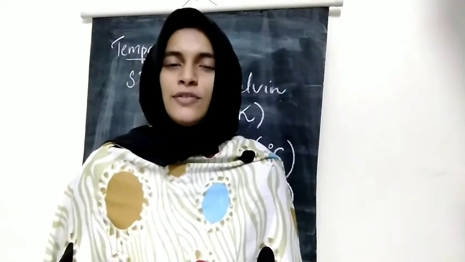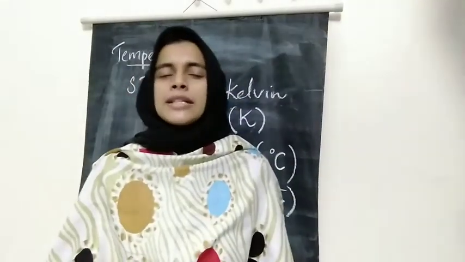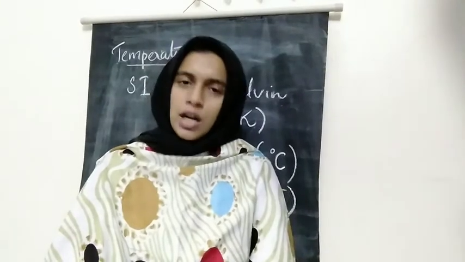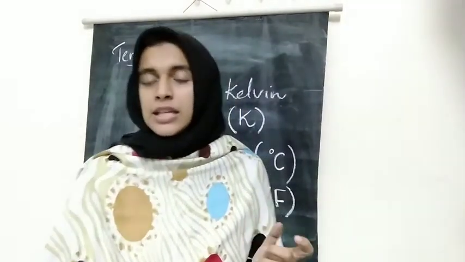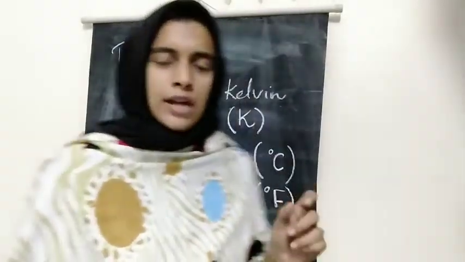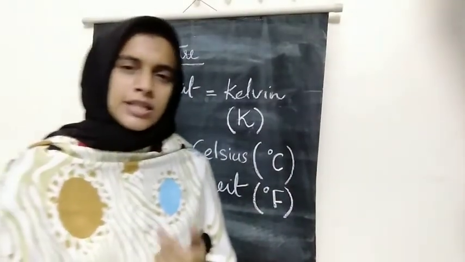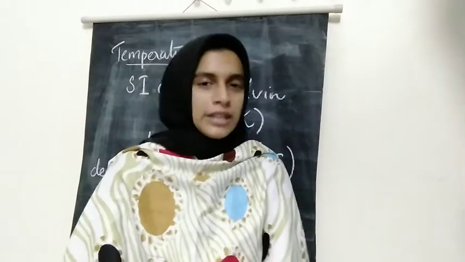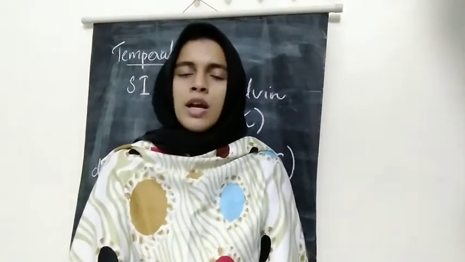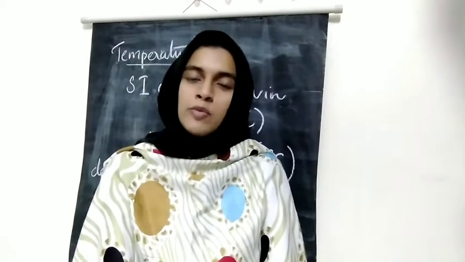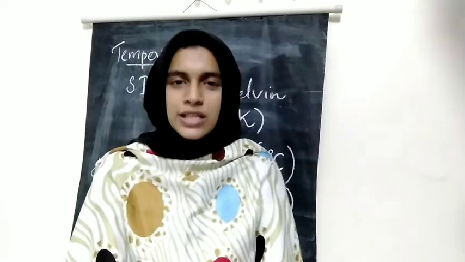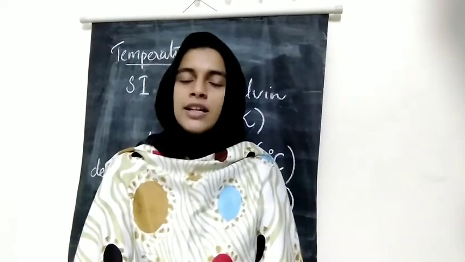Children, we will be discussing the conversion of degree Celsius to Fahrenheit and Fahrenheit to Celsius in the coming classes. Before that, you have to do one activity. Note down the timings of your breakfast, lunch and dinner.